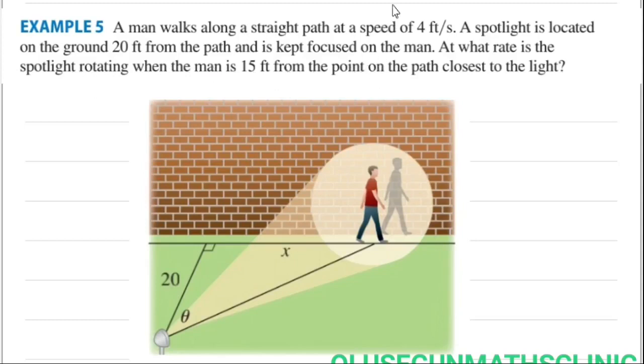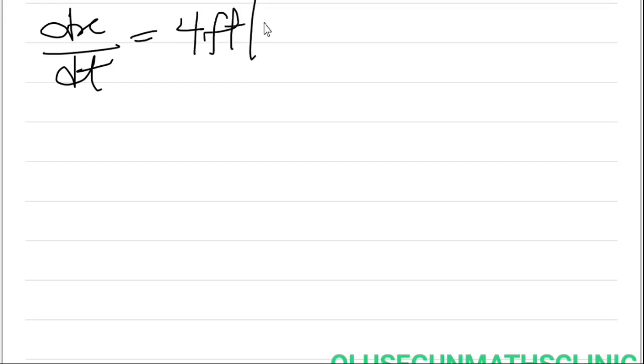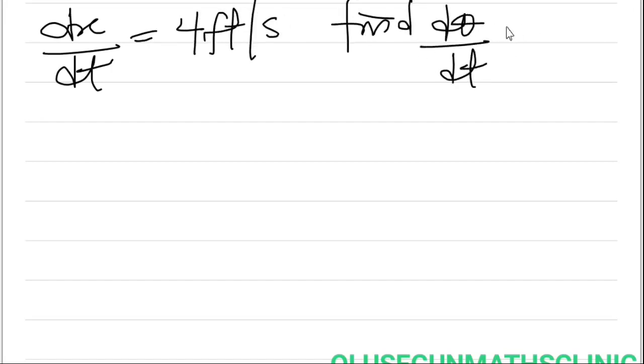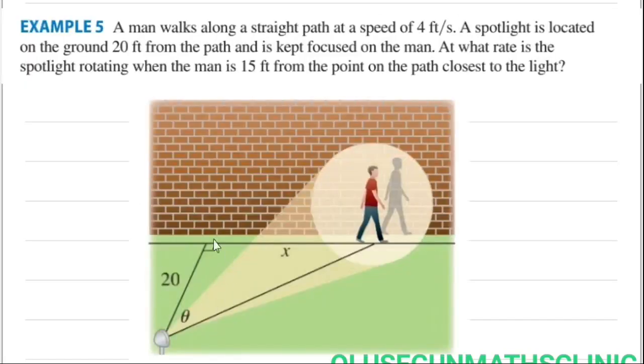The fact given in this question is that the rate of change of the distance is already given to be 4 feet per second. So we have to find dθ/dt when s is equal to 15, and this is a right angle the man follows.